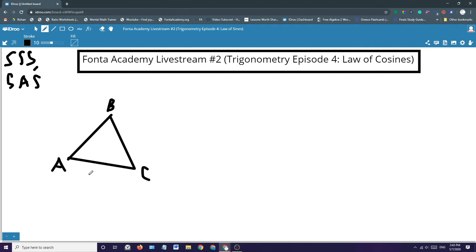So let's say this side B is equal to 30, and angle A is 31, and C is equal to 32.